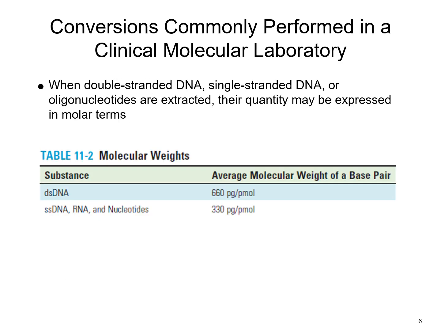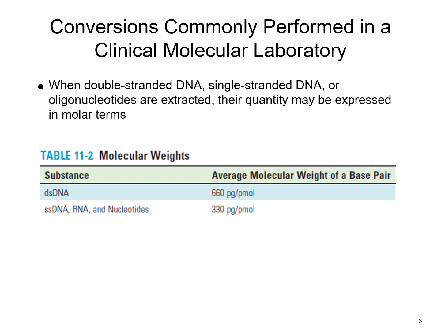Now, as we proceed to some of your future courses, we'll go into a little bit more detail of the actual molecular biology lab and what is done in there. But for now, just understand that our DNA, whether it's referred to in terms of double-stranded DNA or single-stranded DNA, or even down to the oligonucleotides that are extracted when we're doing this testing, may have their quantity expressed in molar terms.